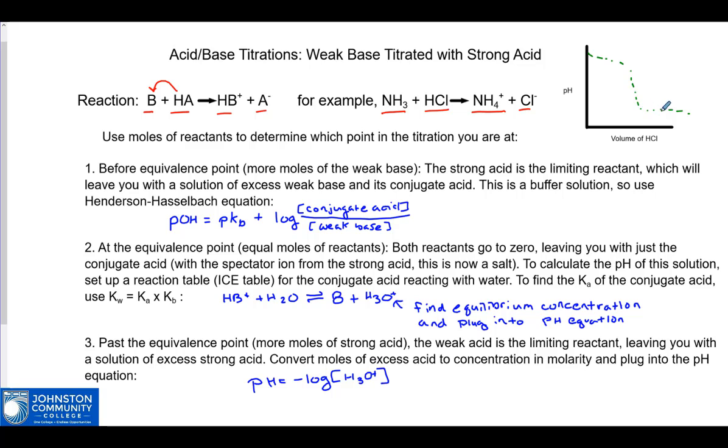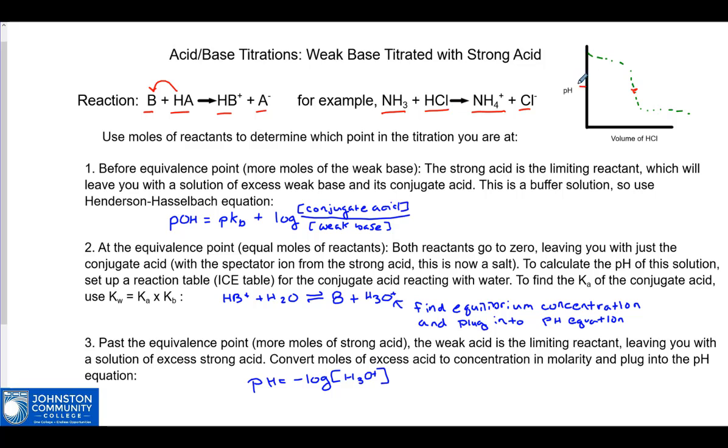And then after the equivalence point, you have a very low pH because at that point you're left with excess HCl. So on this graph, the equivalence point might be somewhere around here in the slightly acidic range. So if my pH of 7 is right there, this would be something slightly lower than a pH of 7.